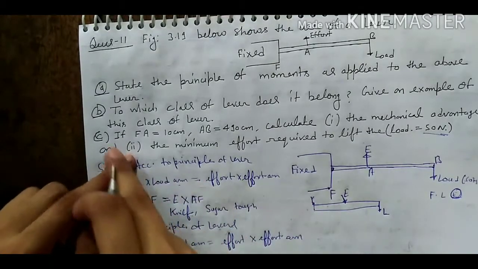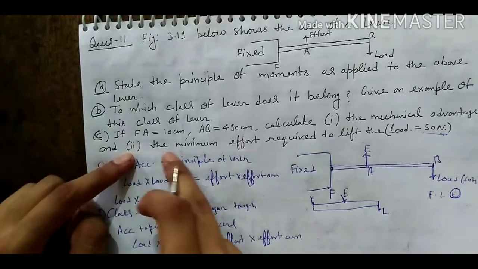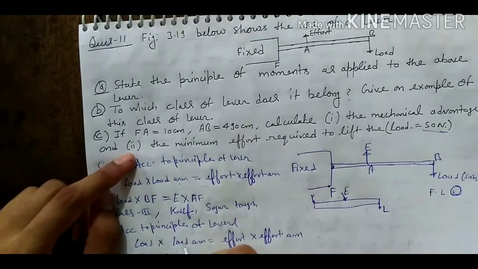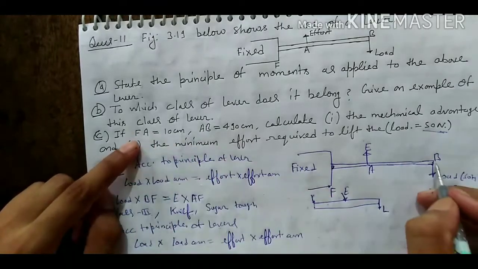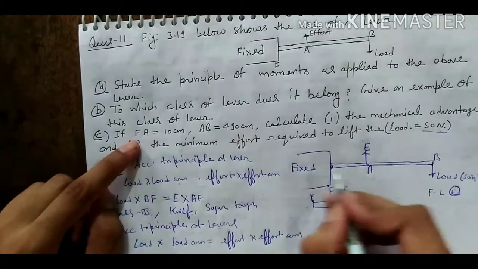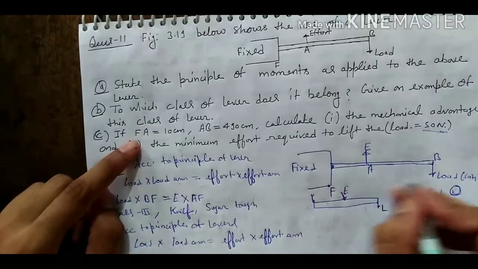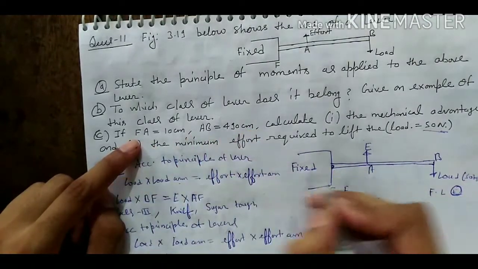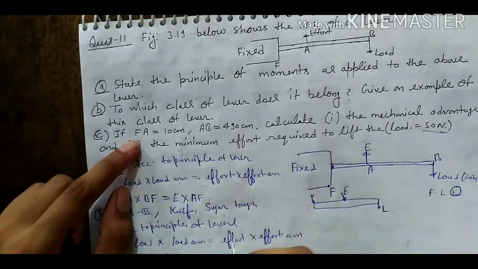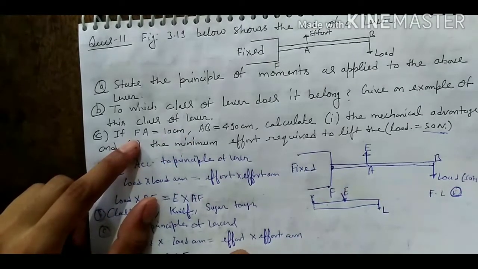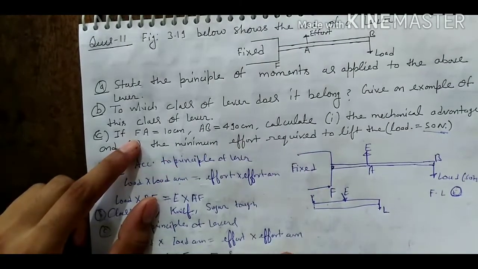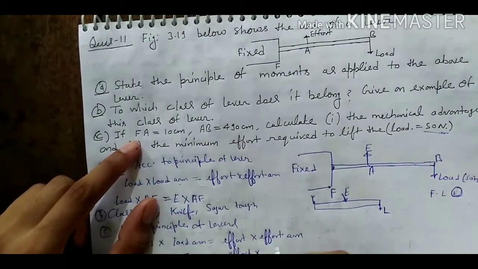Now we will solve question number C part, and in C part the minimum effort is asked. Here load is given 50 Newton, load into load arm means F into BF. This distance we have to find, B to F. Here AB is given 490 and FA is given 10, which means total distance BF will equal 500, because 490 plus 10 is 500. This will equal effort into effort arm.